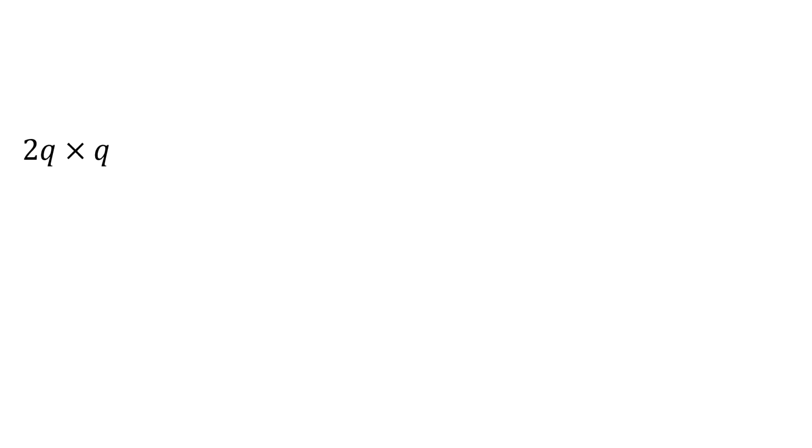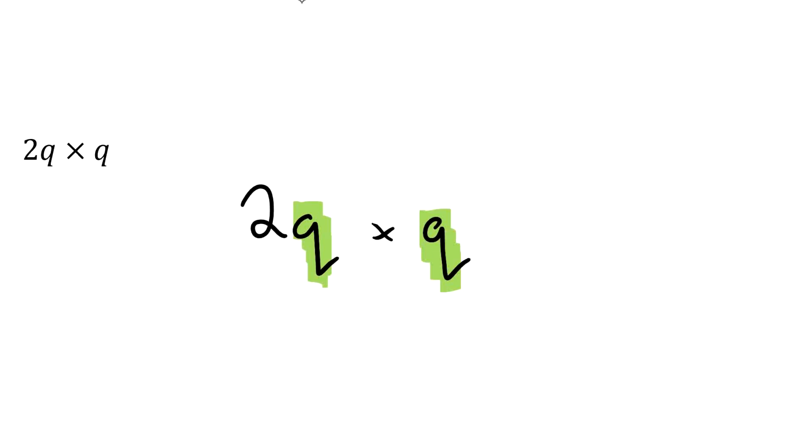Next we have 2q times q. There's nothing for the 2 to multiply with, so I'm not going to worry about highlighting that. But the q does multiply with the other q. Now remember, before we begin, the 2 stays, nothing happens. But these q's become q squared because there's 2 of them.